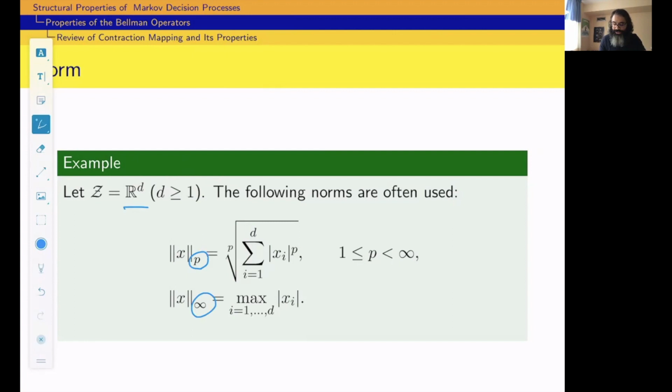Essentially we take x_i to the power of p, sum all the components, and then take the pth root of it. And for the infinity norm, we just take the absolute value of each dimension and then take the maximum over all dimensions. So that's a norm.